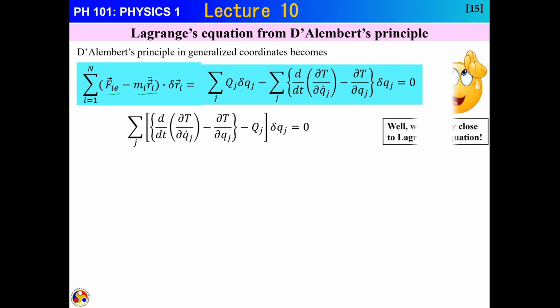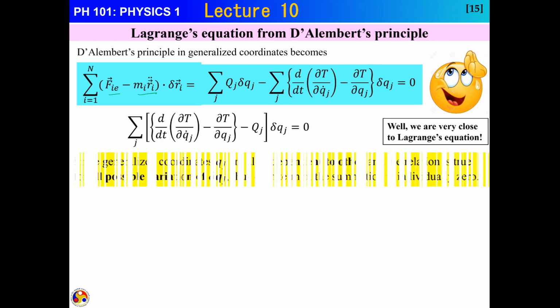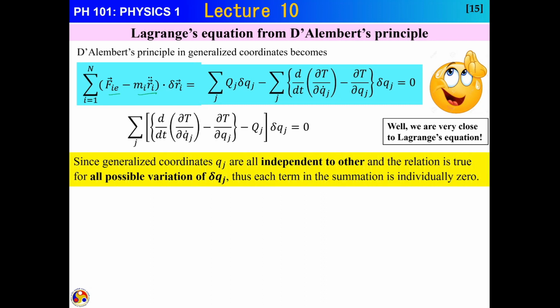Something like we have come close to a Lagrange feeling, right? But it's not exactly done. Now, what is the situation here? The generalized coordinates are independent here, and therefore all the possible variations of delta qj won't be 0.